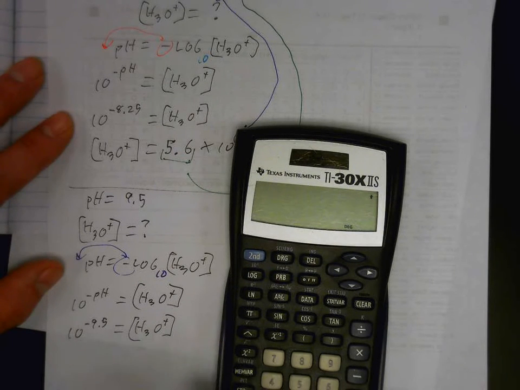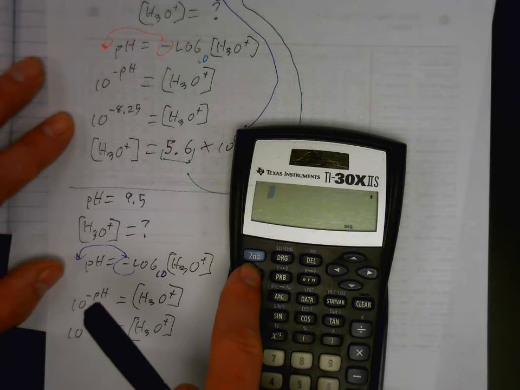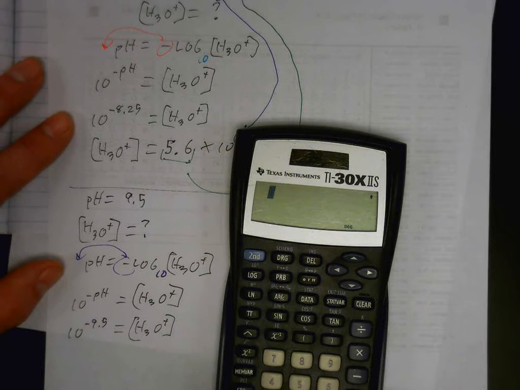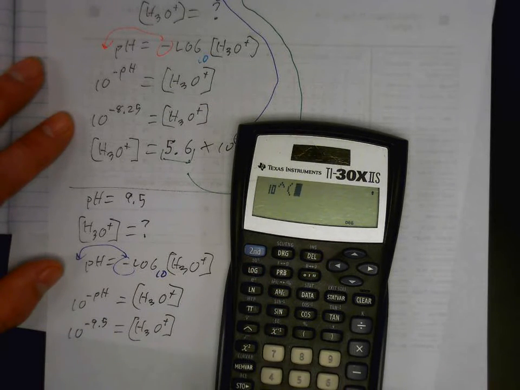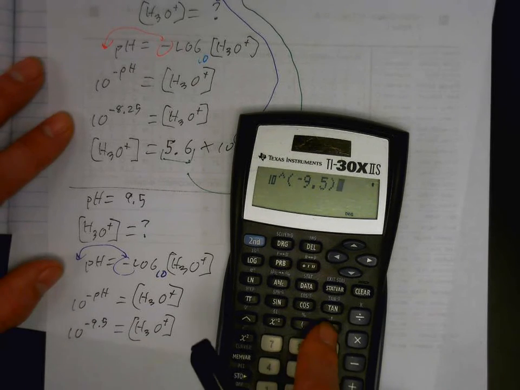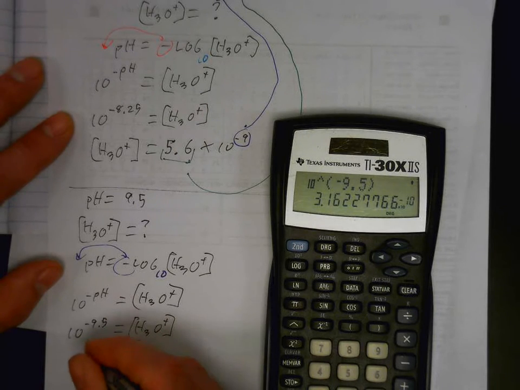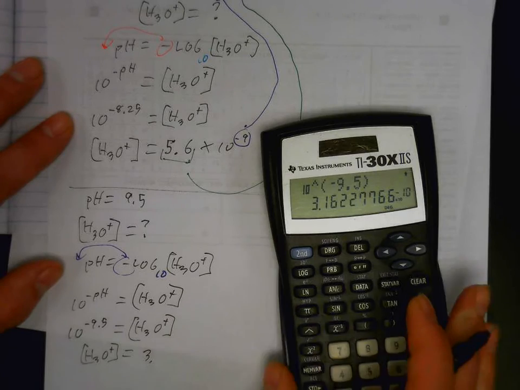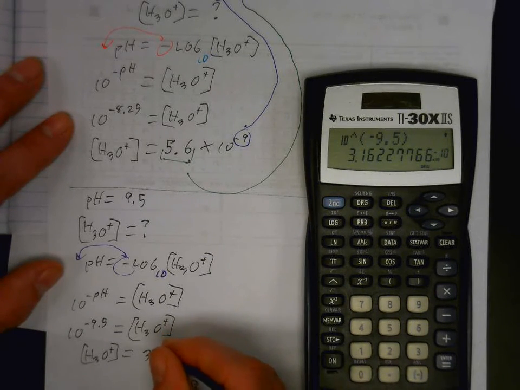So we have 9.5. On this calculator we use a different order, so we do log first. We do second, inverse log, negative 9.5, close parentheses, and we have 3.16.